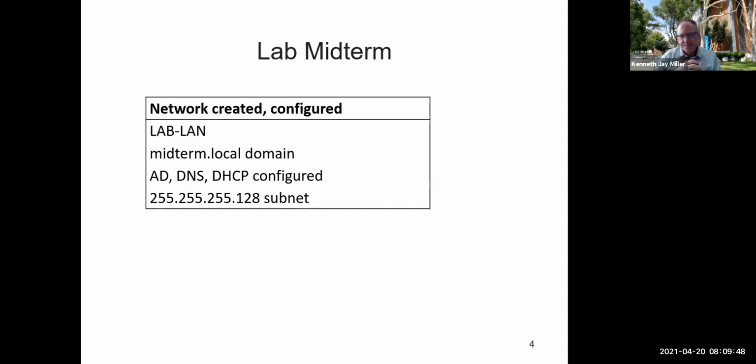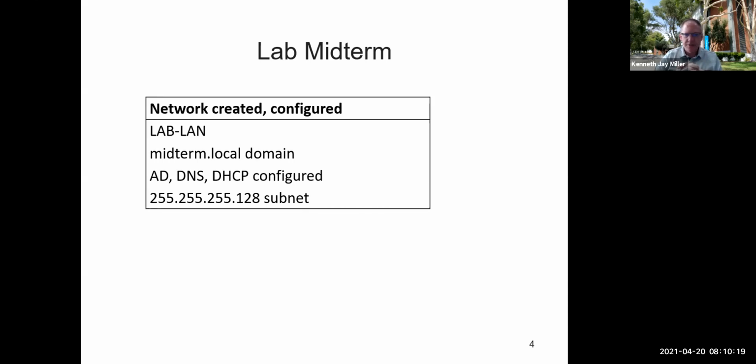This next one, the lab-LAN, you had to create this in several areas. And again, this was worth 10 points. In ESXi, you had to create a new internal network called lab-LAN, just like we did in week lab 5, where we created the internal network.